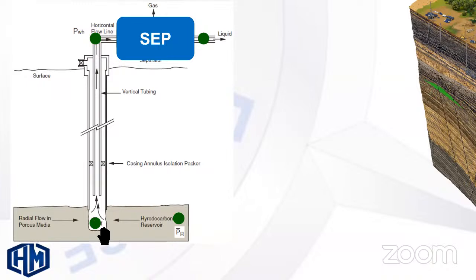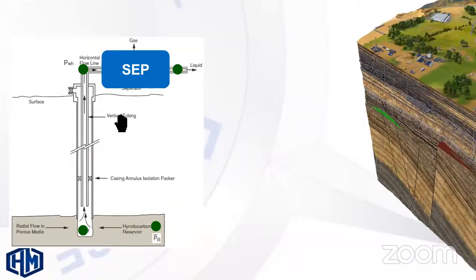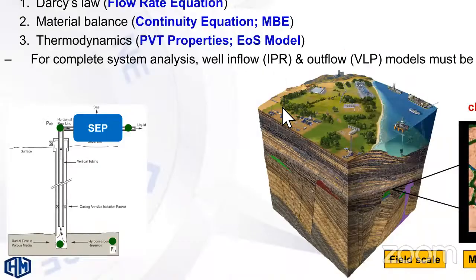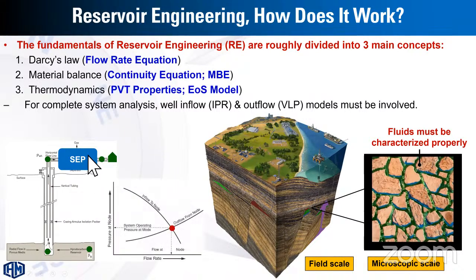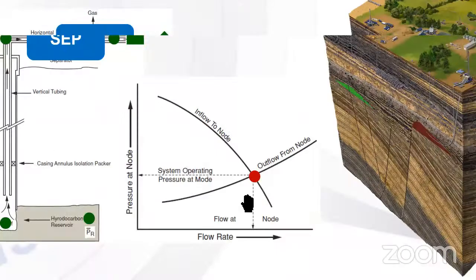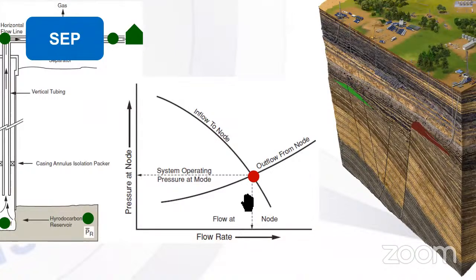And from the bottom of the well to the wellhead, another model must be included, which is the outflow or VLP model, and then the surface network model, as mentioned, to design or to simulate the surface network constraints and conditions.